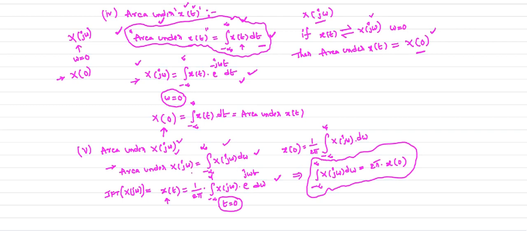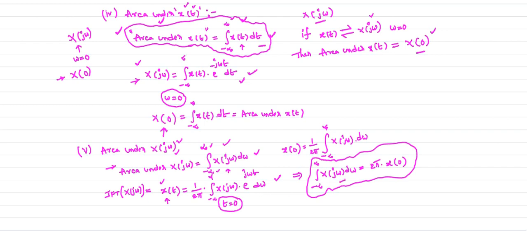So here the area under X of j omega, we need to integrate X of j omega between minus infinity to plus infinity. Now how can we get this using the Fourier transform? I use the inverse Fourier transform here. The formula is like this: x of t is equal to 1 by 2 pi integral minus infinity to plus infinity X of j omega into e power j omega t d omega.